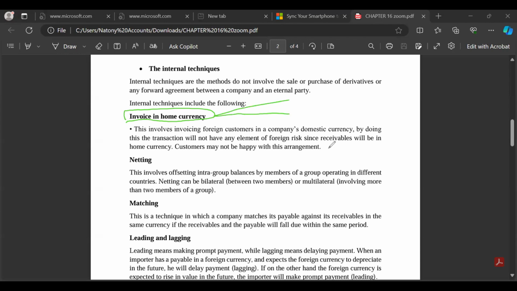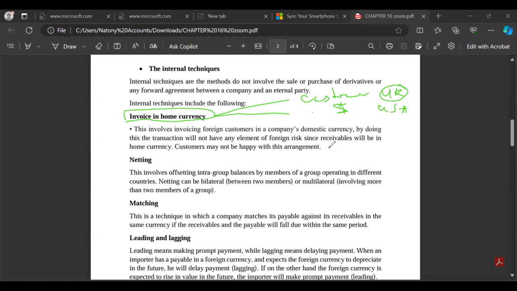If you have customers in the UK and your company is in the US, you can decide to invoice the UK customer in the local currency, which is the dollar.